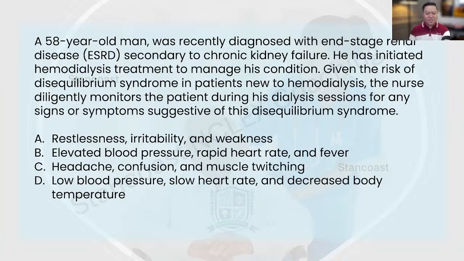So what are these symptoms? Is it A, restlessness, irritability, and weakness? In B, we have elevated blood pressure, rapid heart rate, and fever. We also have headache. For C, confusion, muscle twitching. And D, we have low blood pressure, slow heart rate, and decreased body temperature.